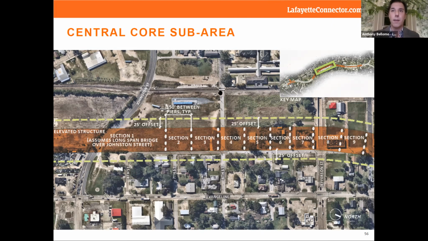But we also know that 6th Street and Jefferson and Johnston are all main spines that will feed into downtown and the neighborhoods on the other side of the main line as well. And so this seems a significant area. So what basically happens is with these piers set 150 feet apart, it naturally creates these sub areas or sections that we've numbered here, just so that we can start to look at how do you program this?